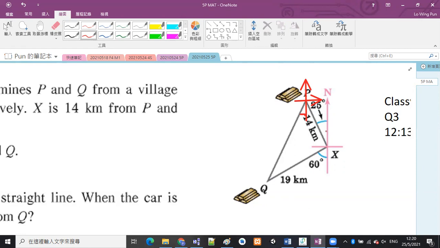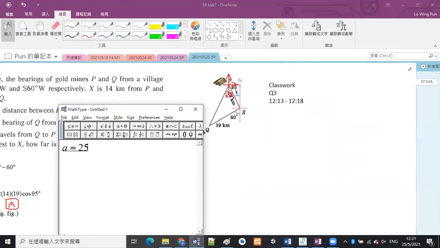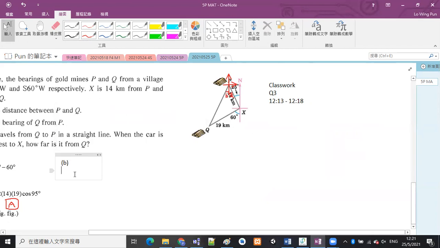Okay? So let me give some names for this and that. Let me call this A, and then this B. And first of all, A should be equal to 25 degrees, right? Okay, so let us write this down. This is part B. A is 25 degrees.